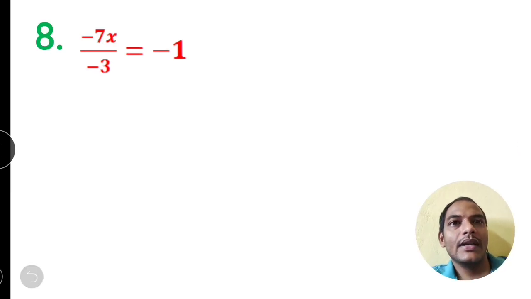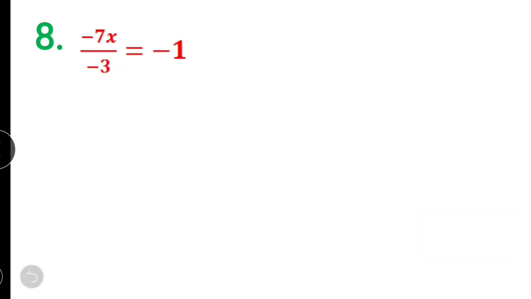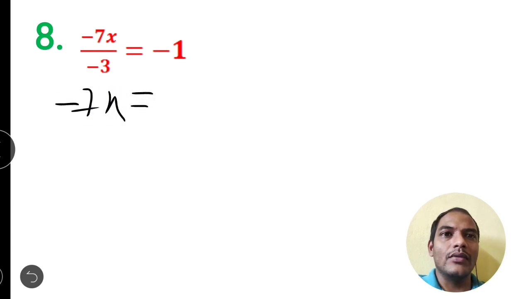Next, eighth question, minus 7x by minus 3 equals minus 1. So first transpose the denominator, next the numerator. The denominator is minus 3. So minus 7x equals minus 1 into minus 3.